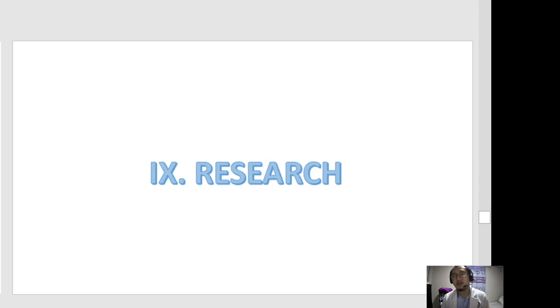In this key area of responsibility, it emphasizes that the tasks here are to gather, analyze data, share the results, and apply the findings to your work. So again, research is not only for students, not only for high school, much more as you go higher in your education, and also in your practice once you are a professional.